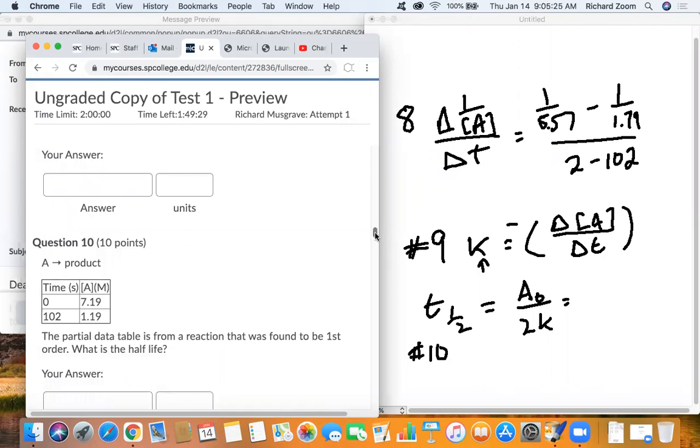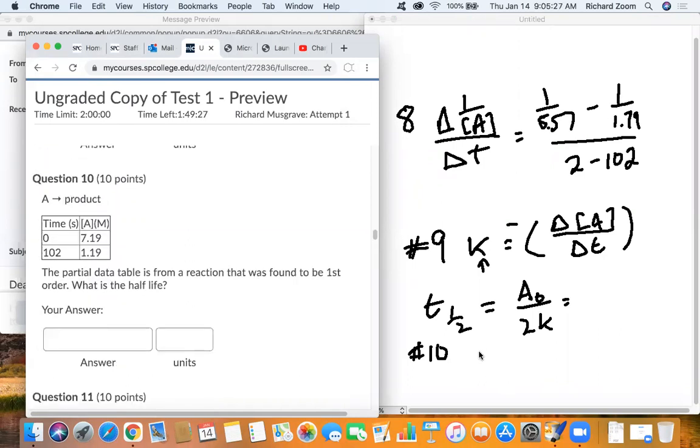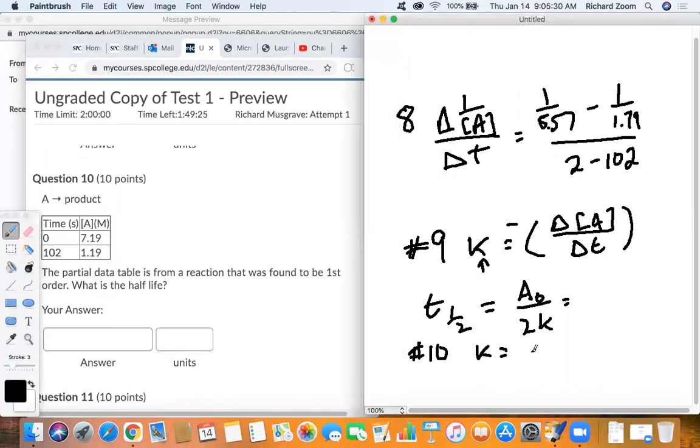Number 10. K is equal to, again, the negative of the change in the natural log of A over delta T, and T half is equal to the natural log of 2 over K, or is it?